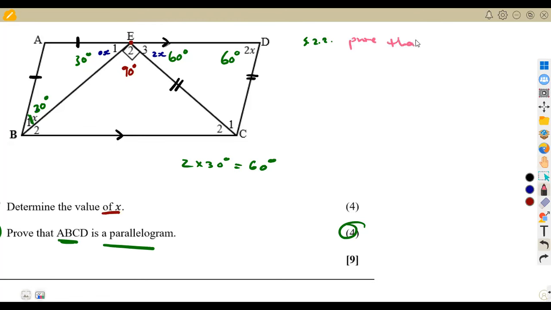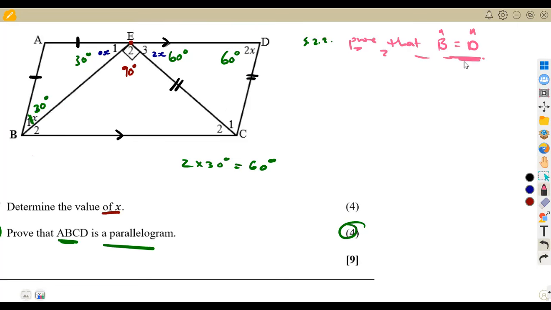If we can prove any of these, simply prove that angle B and D. I can talk about angle A also, but D is actually easier to work with. If we can prove that angle B is equal to angle D, we are done.